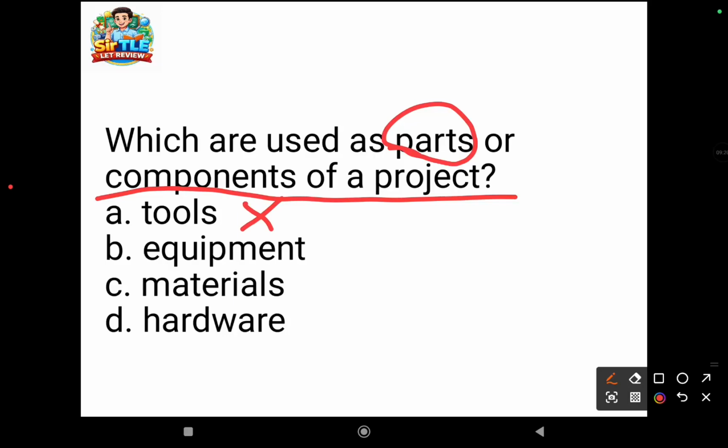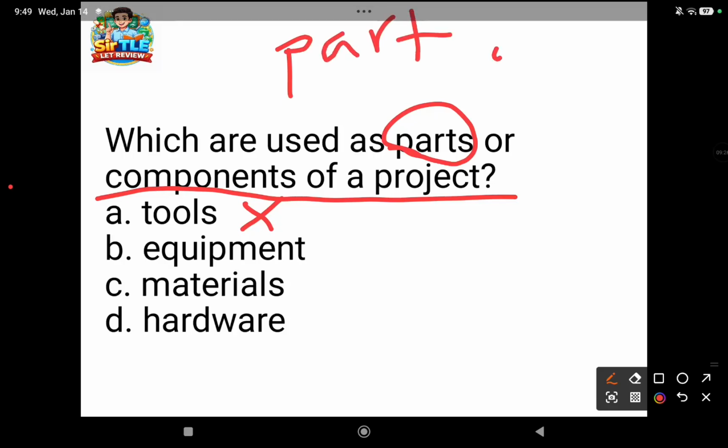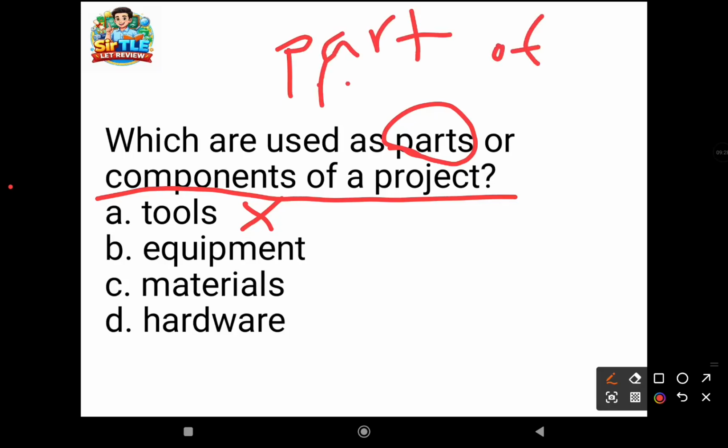This question is talking about a part of the final product. In the final product, you cannot see any tools attached to the product.